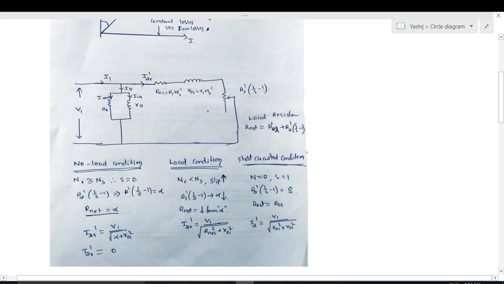These are the rotor equivalent values referred to the primary: R2 dash and X2 dash, and this is the mechanical equivalent of the rotor resistance. I shifted all the values towards the stator, and the total equivalent resistance R01 is equal to R1 plus R2 dash, plus R2 dash into (1 by s minus 1).